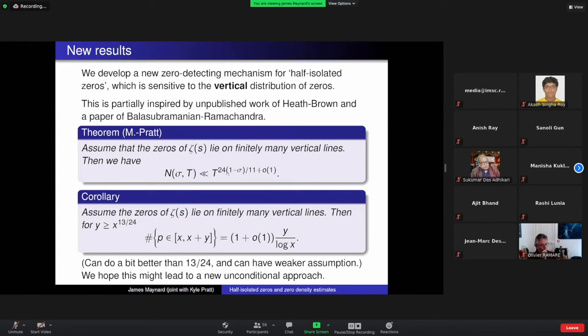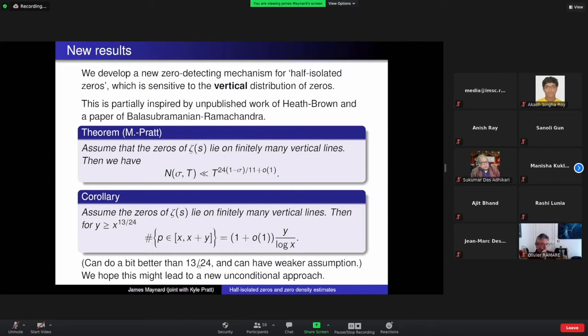So we can improve this 50-year-old bound of Huxley and also a now maybe almost 80-year-old bound of Ingham to get an improved zero density estimate. And correspondingly, if you improve zero density estimates, you improve results about primes in short intervals. So you get an improved result on the length of intervals where you can count the number of primes.